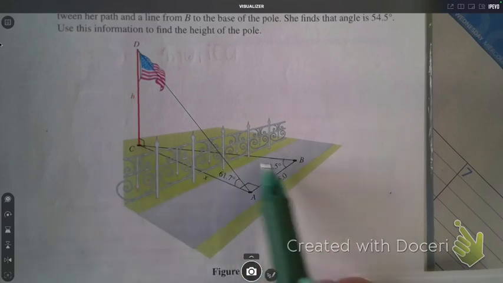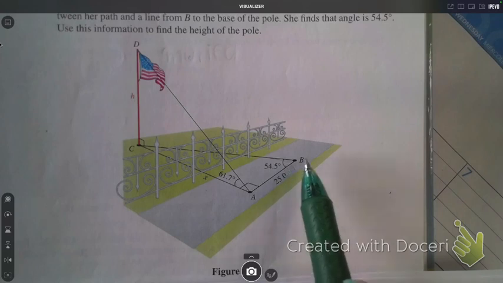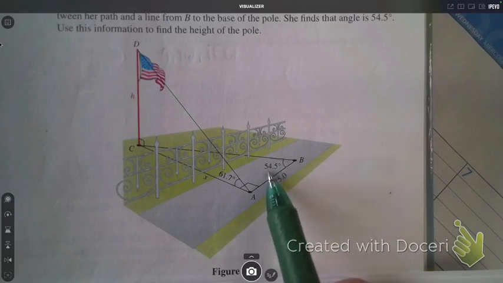So that'll be right here. She finds the angle to be 54.5 degrees. Use the information to find the height of the pole.